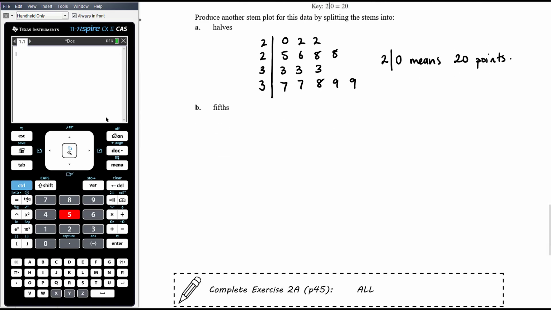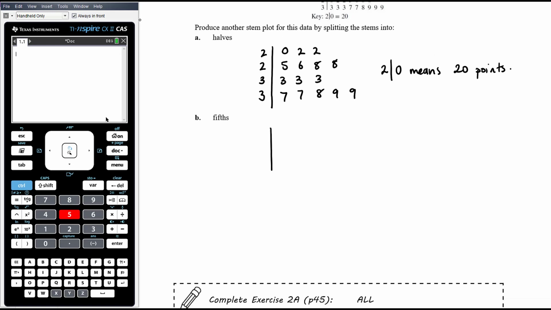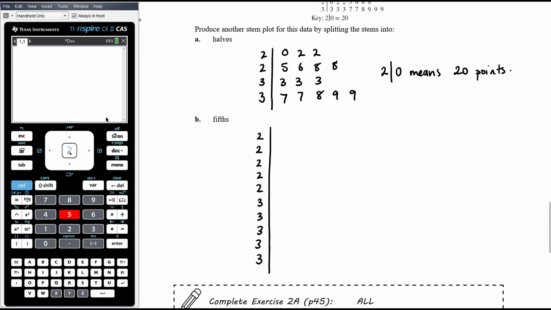Alright, then if we split the stem plot into fifths, we're going to have 5 stems of 2 and 5 of 3. So 2, 2, 2, 2, 2, 3, 3, 3, 3, 3. Okay, so each of those can only take 2 different values, so 20 and 21 in the first, there is a 20, 22 and 23, so there's 2 22s.